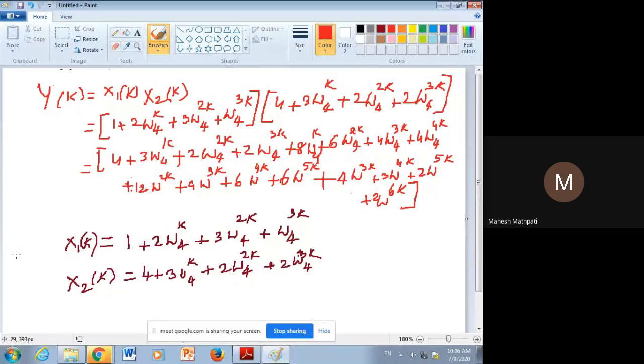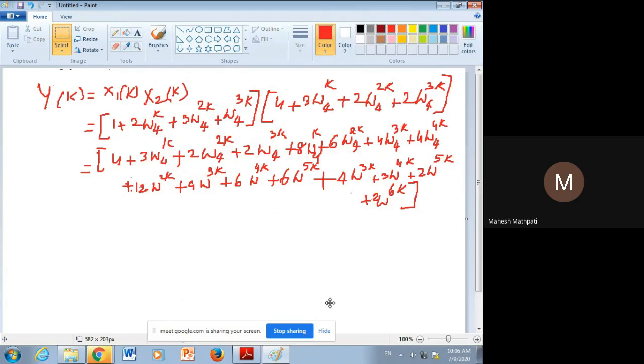Okay, now any confusion here? No, sir. Now you just separate out the coefficients of the same power. So next part, add here now. This will be equal to... You just separate or add the same power terms. Let me write it here. Now add the constant terms.